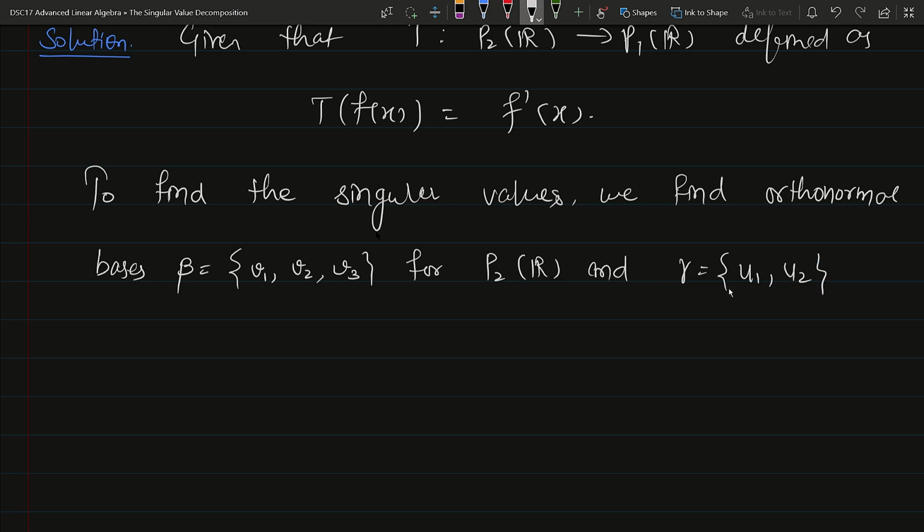ये एक प्रोसेस है जो आपने फॉलो करना है when you are asked to identify the singular values for some linear transformation.